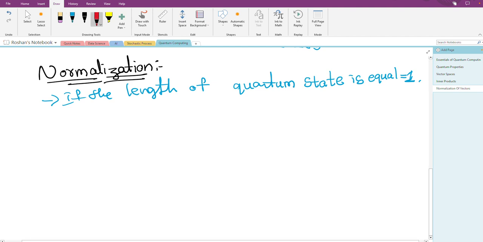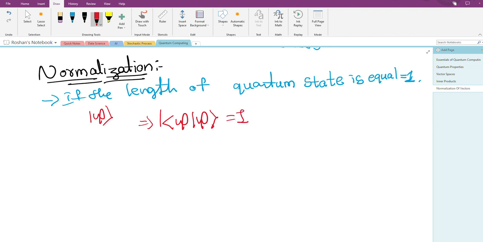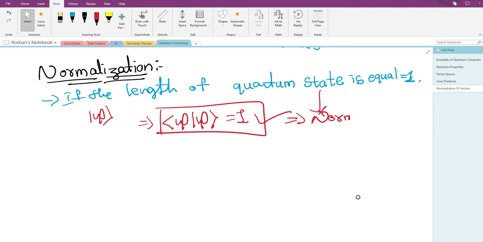This can be written as, let's say we are having a quantum state psi, so the length means the inverse of the state with respect to the quantum state should be equal to 1. If this condition is satisfied, we can tell that our quantum state is normalized.